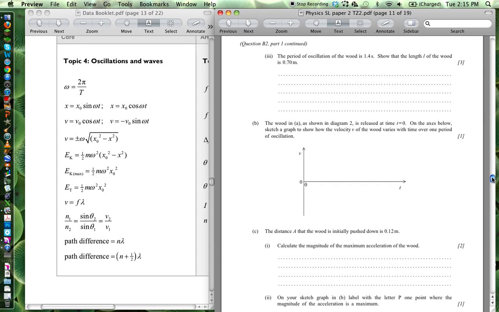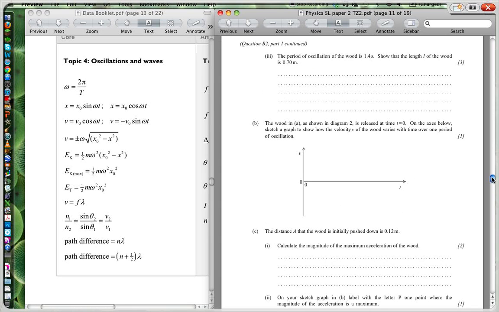So we're going to need that. Now, we also have that a is equal to minus omega squared x. So omega squared must equal 14 over L, or L is equal to 14 over omega squared.